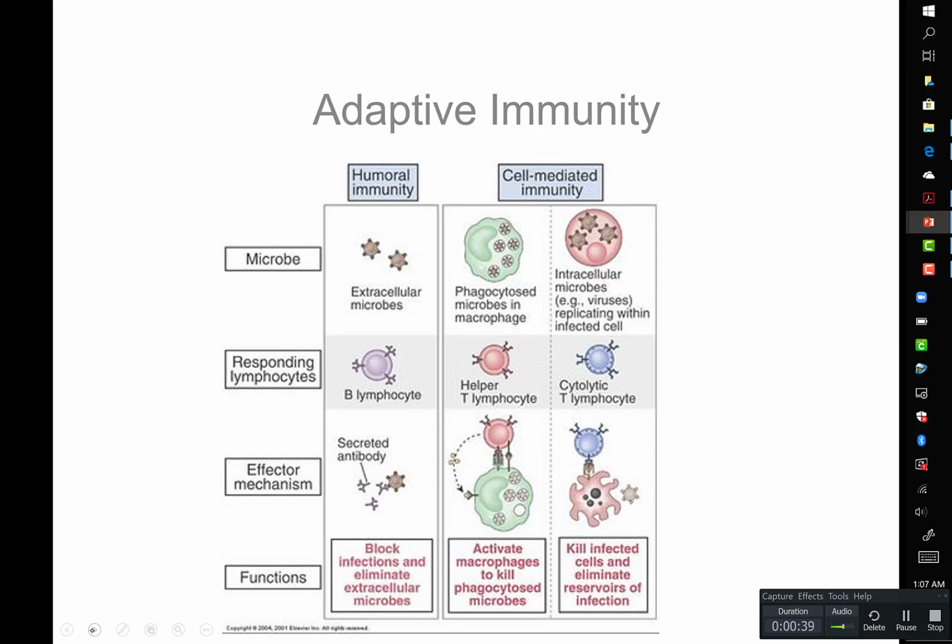And we're going to talk about how your adaptive immunity is divided into two branches. What is called humoral immunity is used to target extracellular pathogens, meaning pathogens that are not within your cell. This is mediated by B cells.